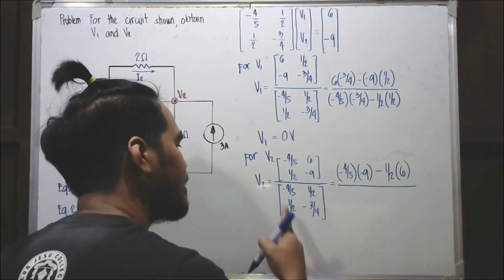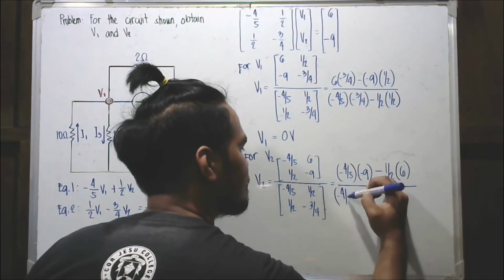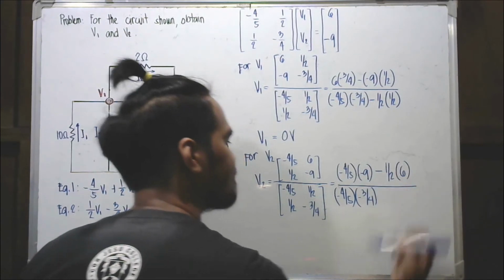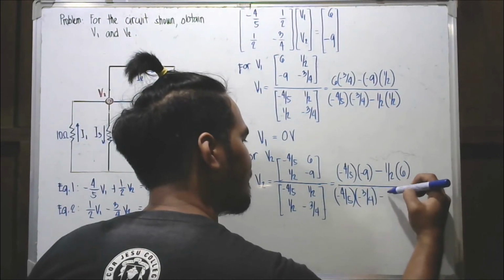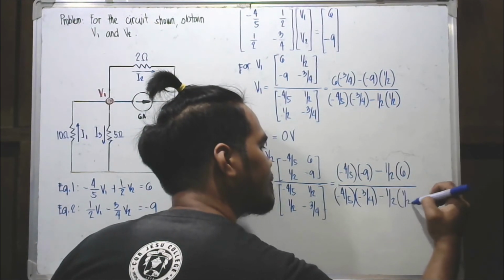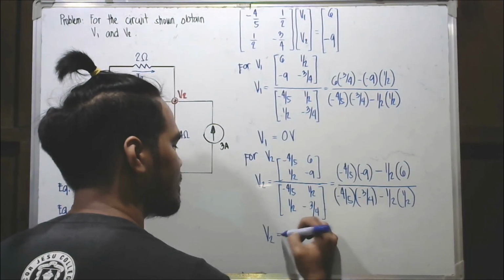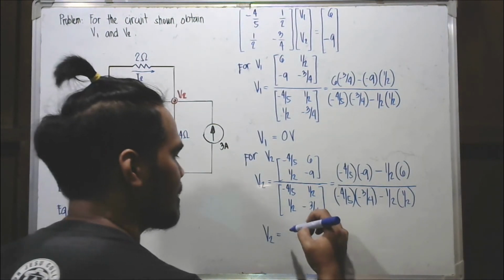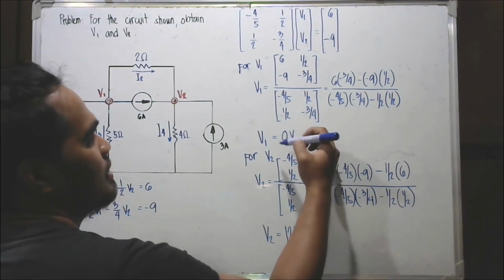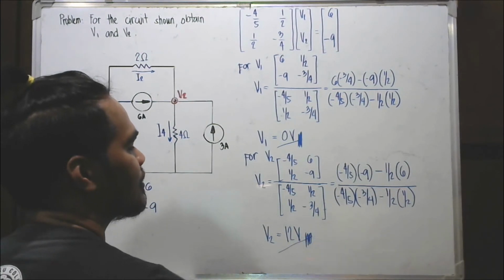Next, all over, we have negative 4/5 times negative 3/4 minus 1 half times 1 half, and your V2 is equal to 12 volts. So this will be the value for your V1, and this is the value of your V2.